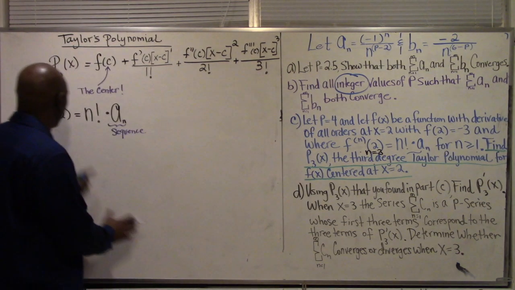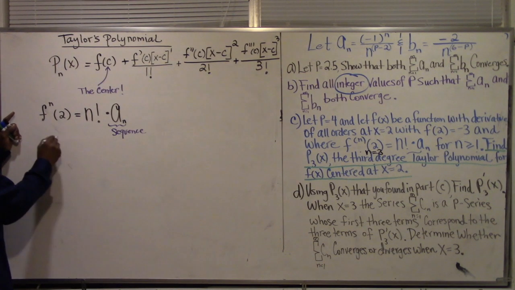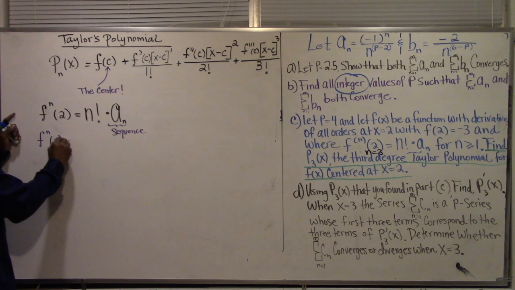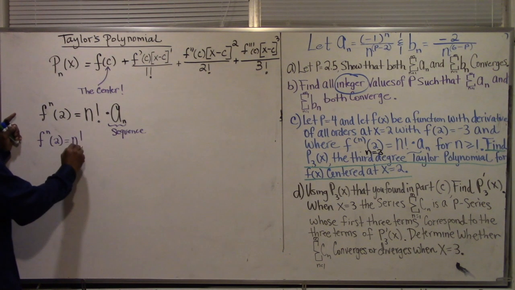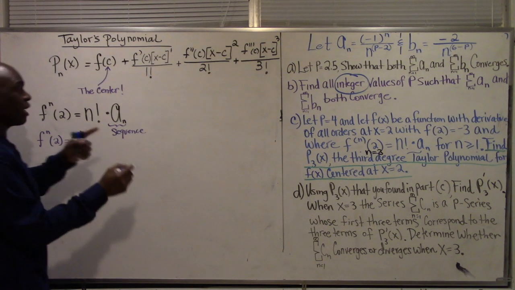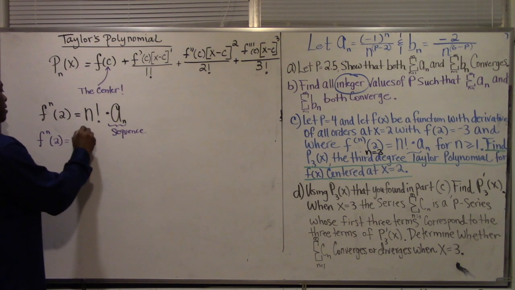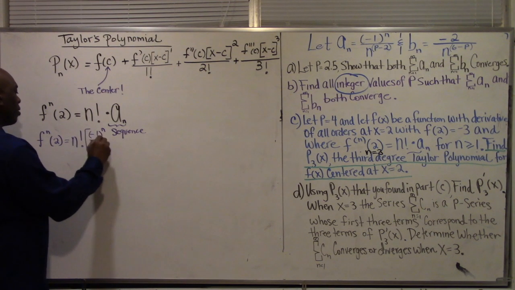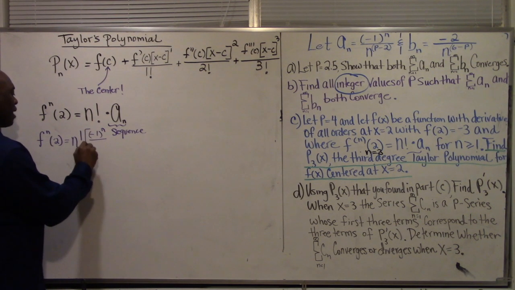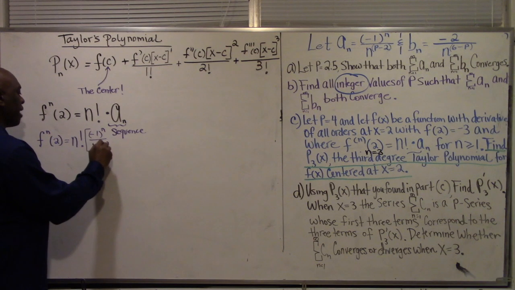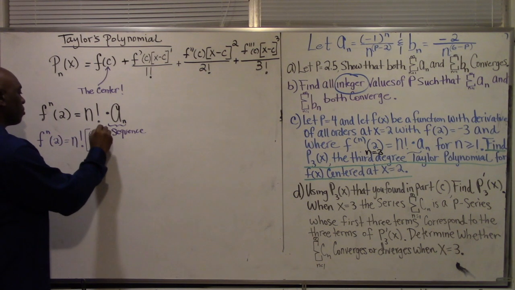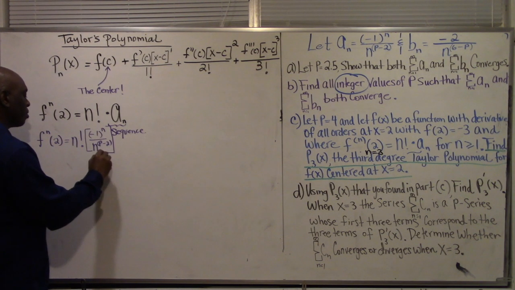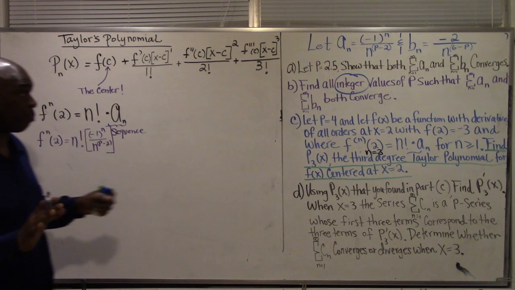Okay? So let's rewrite this. I'm going to write it as f n of 2 equals n factorial times, and what is a n? Times -1 to the n over n to the p minus 2. Everybody good? Don't panic.